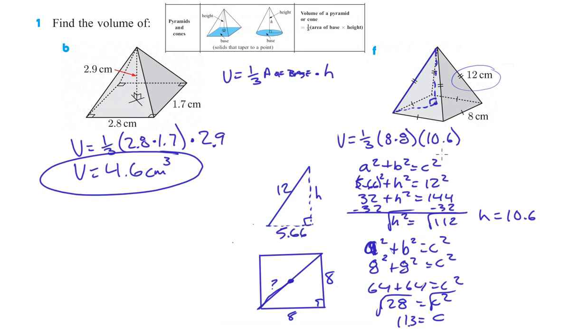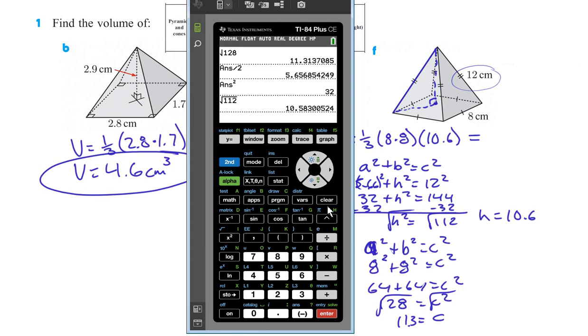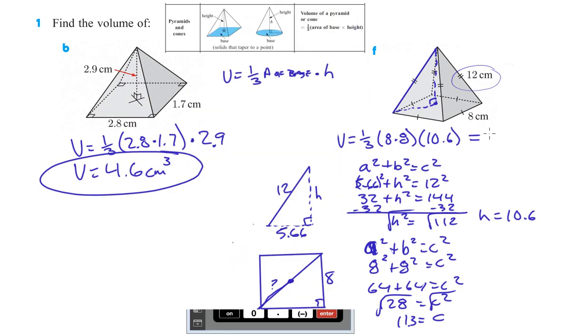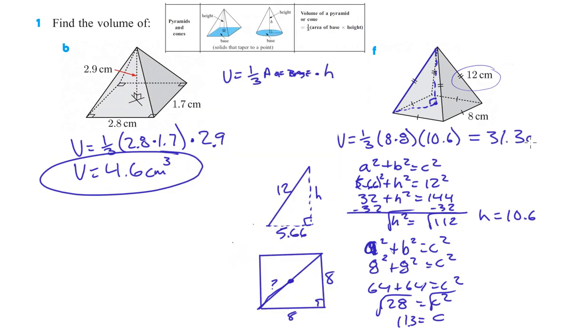So that will give us 1 divided by 3 times 8.8 times 10.6, which gives us 31.1 centimeters cubed.